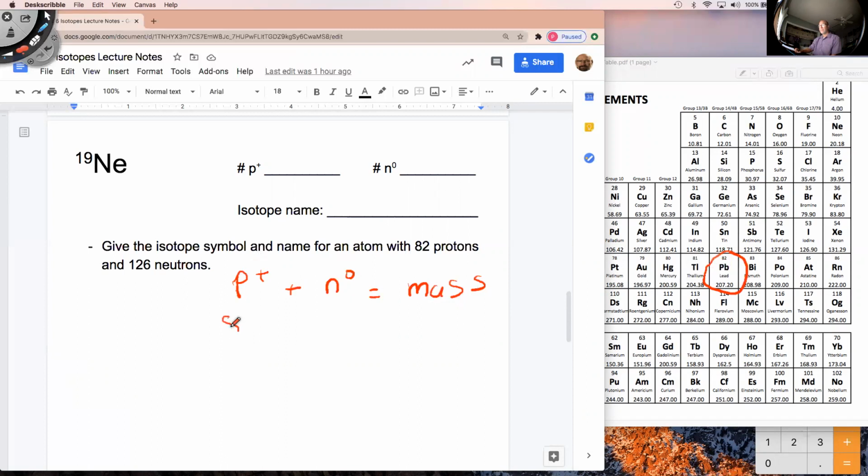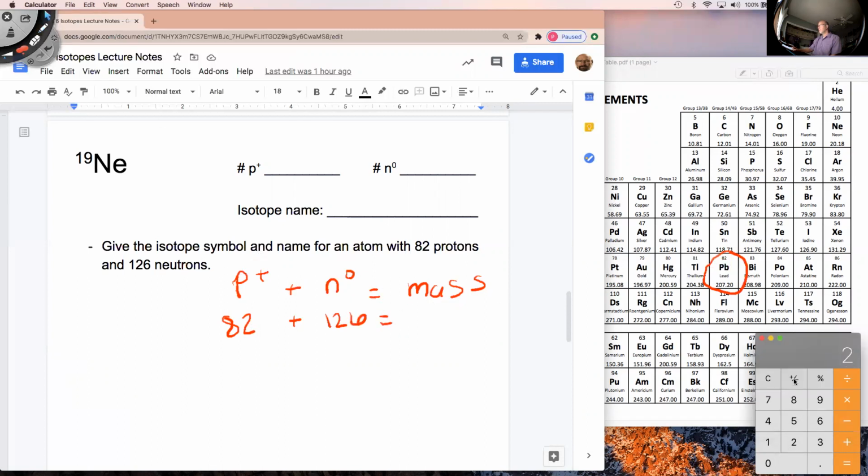So we have 82 protons plus 126 neutrons equals, let's go get our calculator really fast. All right, and what do we got? 126 plus 82 equals 208. So we know that the mass equals 208.